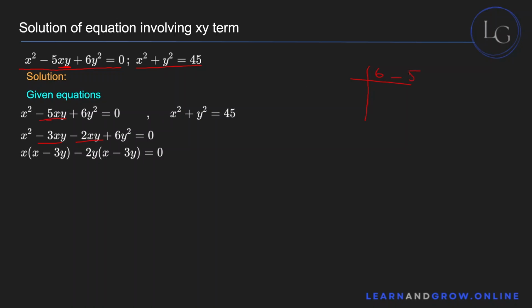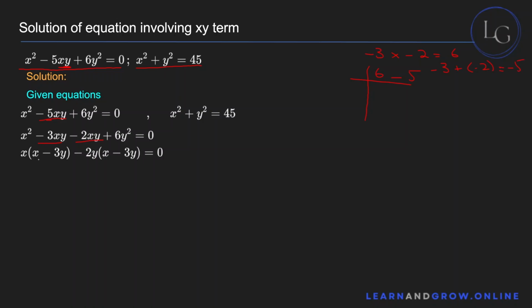So you'll have to find two values that when multiplied will give you 6, and when added up give you minus 5. So over here, obviously, minus 3 multiplied by minus 2 gives you 6, and minus 3 plus minus 2 gives you minus 5. So that's what we've done over here.